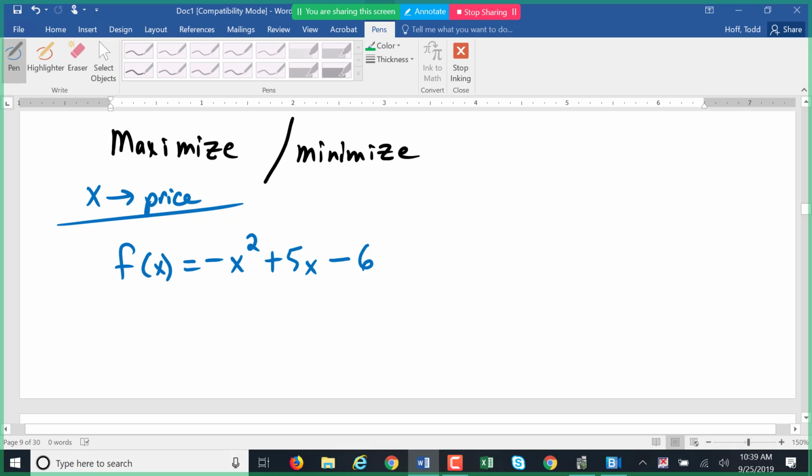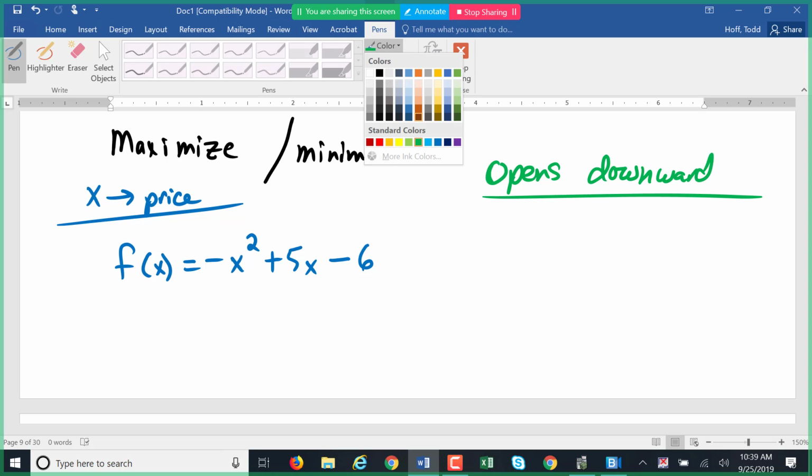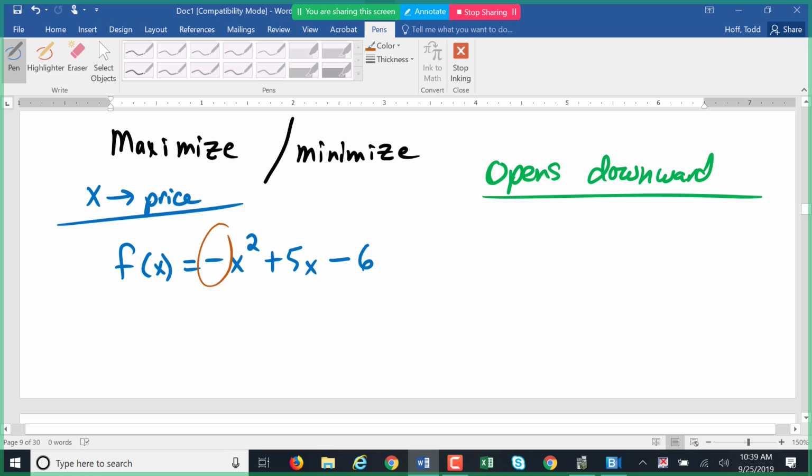This is a maximization function because it opens downward. Well, that's negative. The coefficient of the x squared, a, is a negative 1.